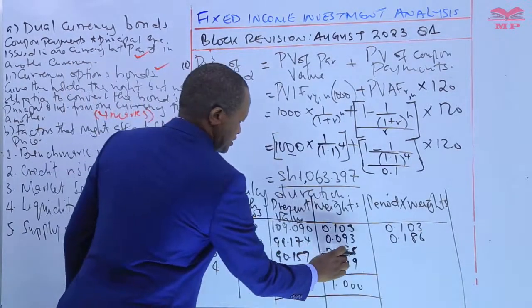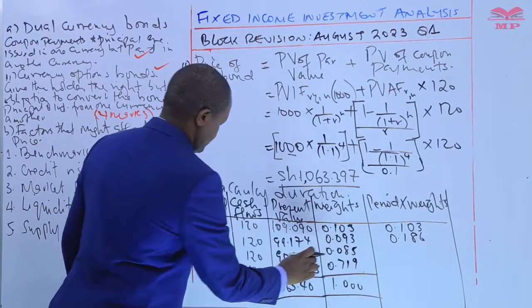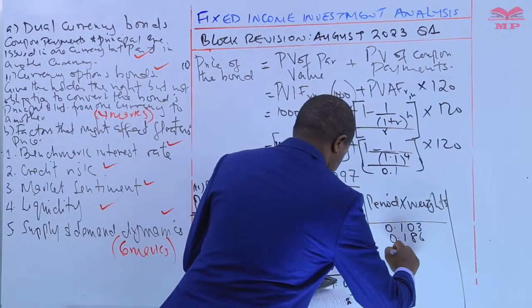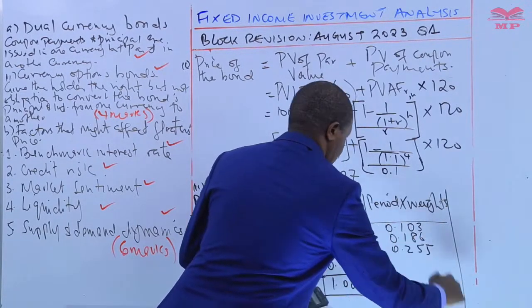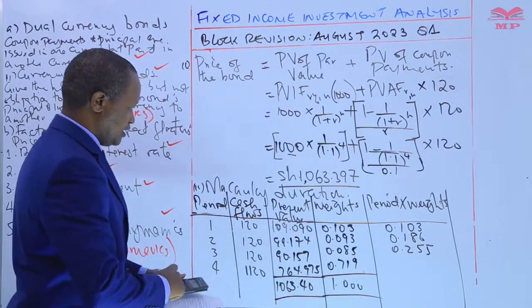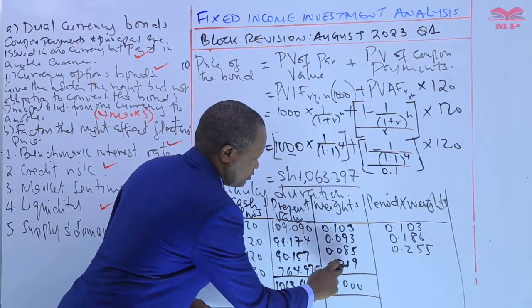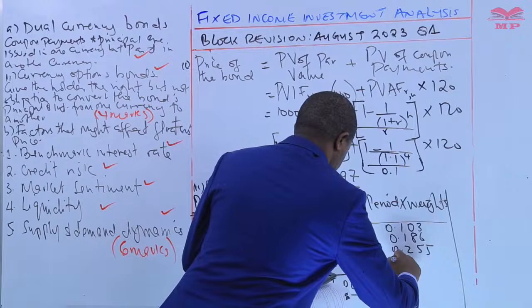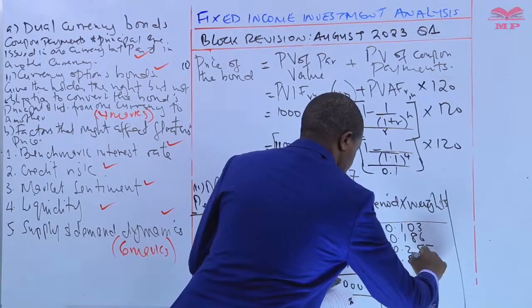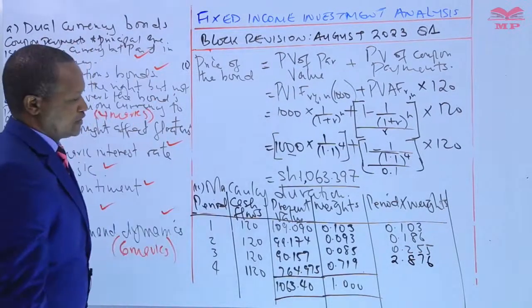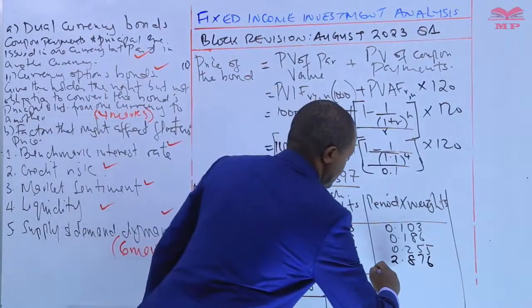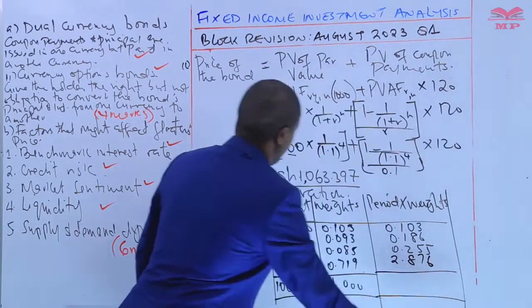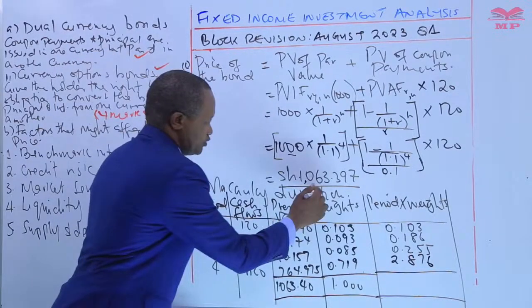Next, we'll have 0.085 times 3, which gives 0.255. Then lastly, I'll take 0.719, and this gives me 2.876.